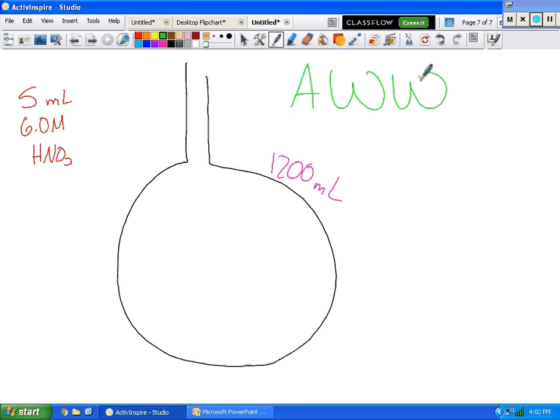What happens if you pour water on acid? Wah. Okay? So always add acid to water. So what does that mean you need to do? Do you add all 1195 milliliters first? That would be a pain in your back rear bone.